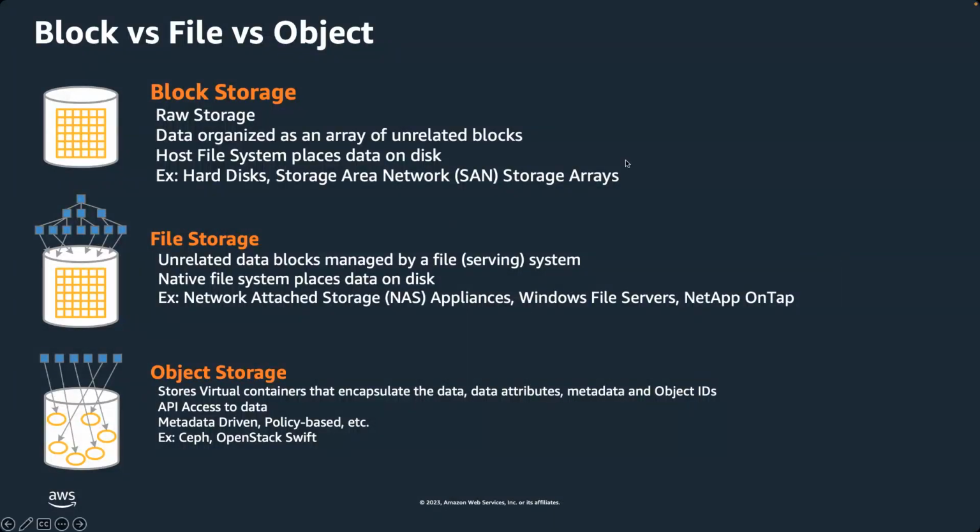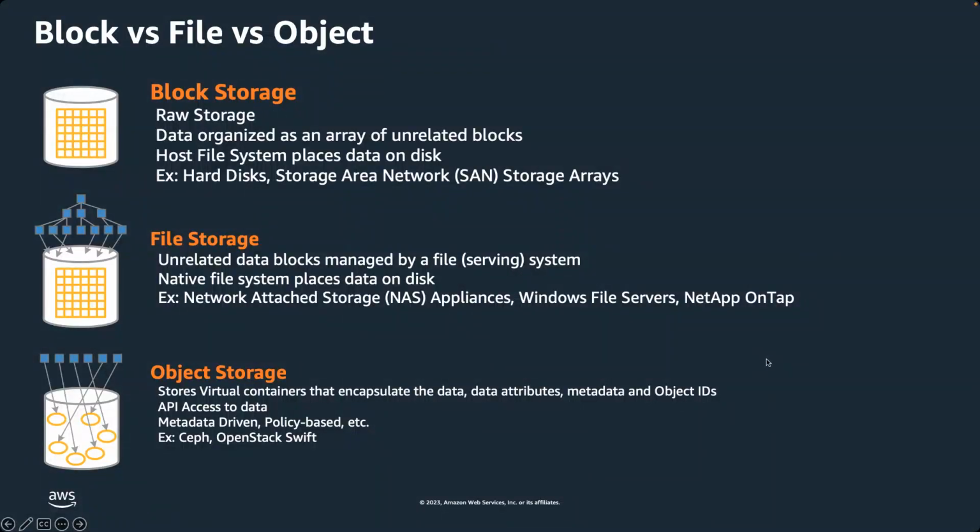We're going to see that in a minute. And then we have object storage, which in AWS is the most common service type. It stores virtual containers that encapsulate the data attributes and metadata, and it's metadata driven.